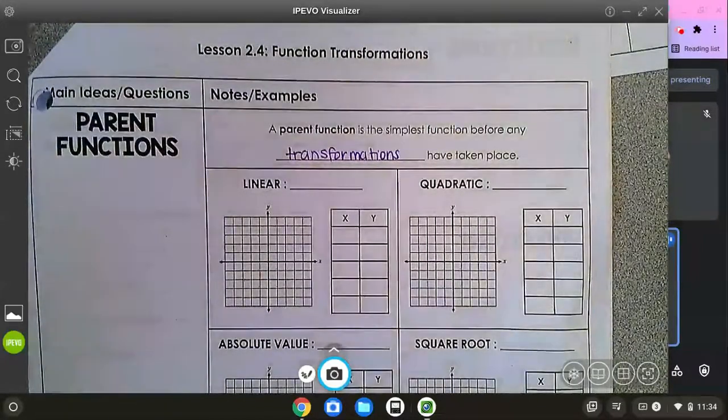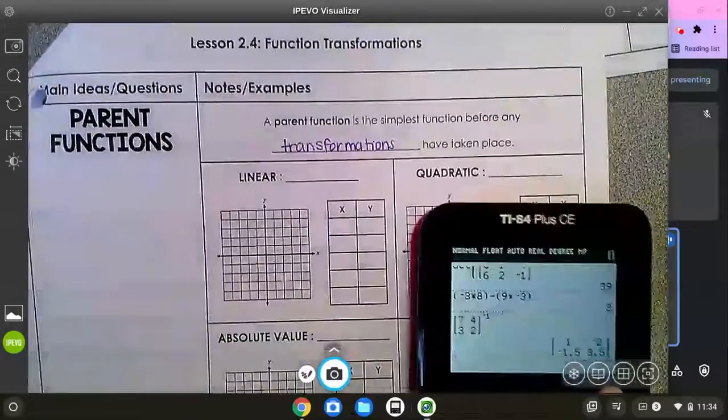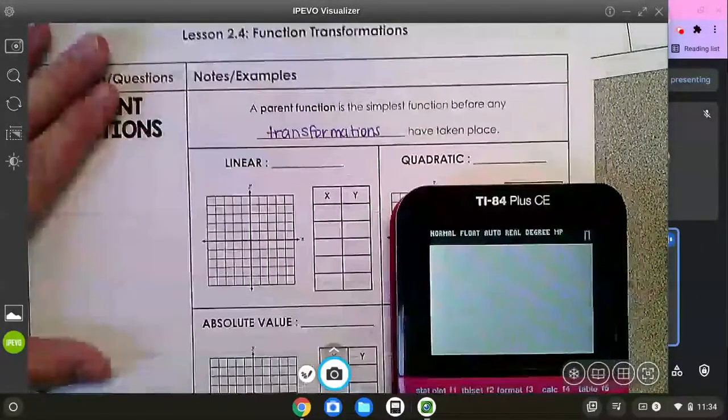There are tons of different kinds, but we're going to focus on just a few in this lesson. Let's start out with a linear function, or just a straight line.